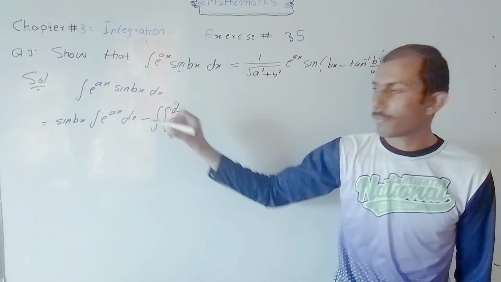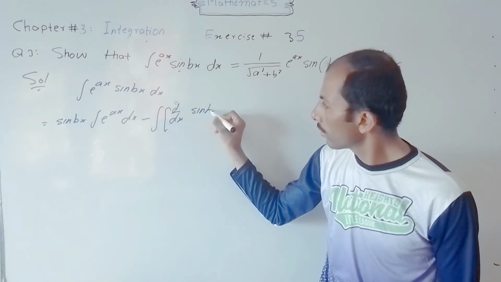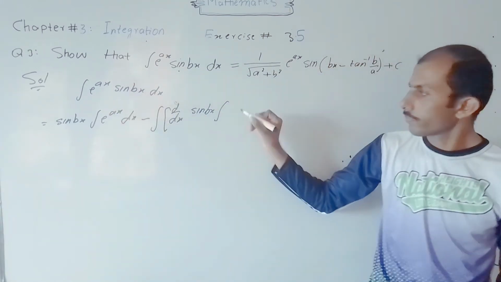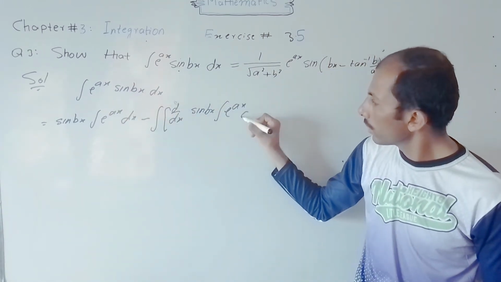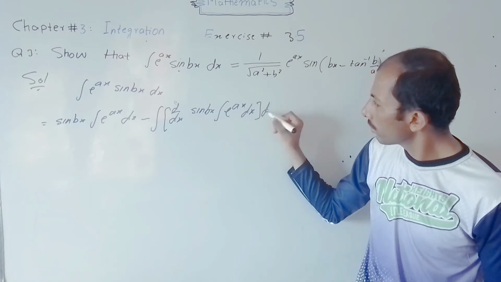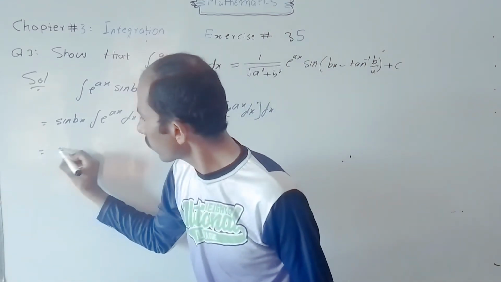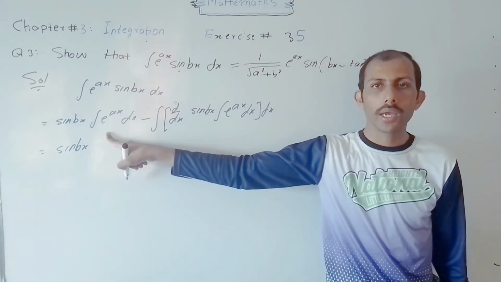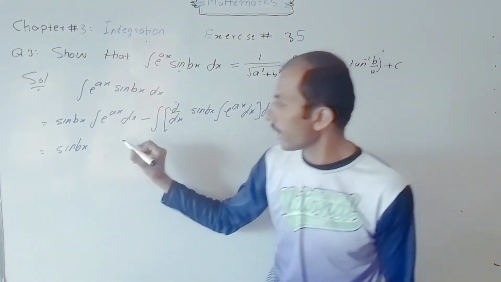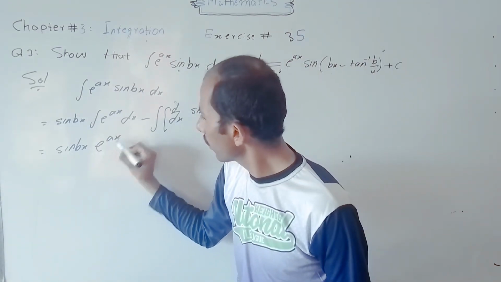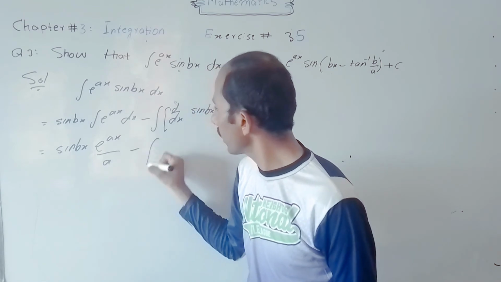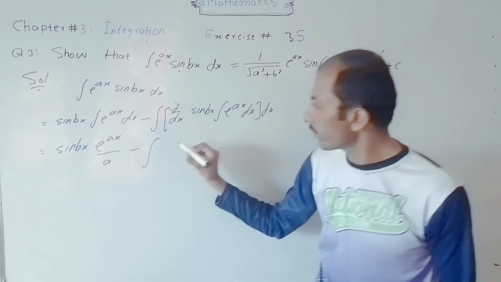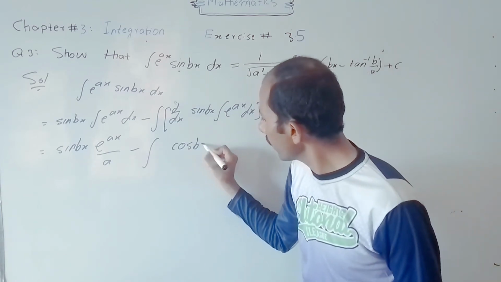sine bx, integration of second function, that is e power ax into dx, which is equal to sine bx, integration of e power ax with respect to x is equal to e power ax divided by a, minus integral derivative of sine bx with respect to x is equal to cos bx.